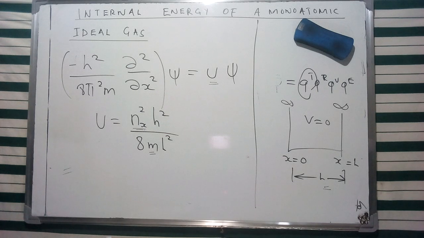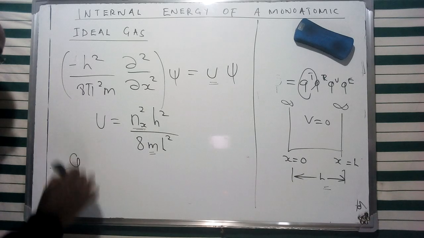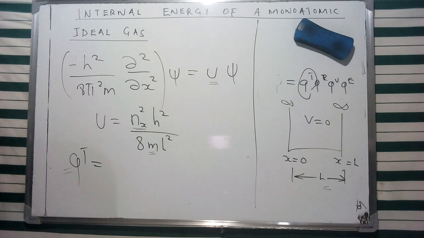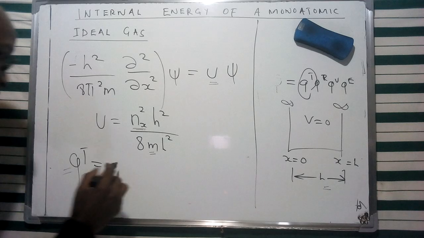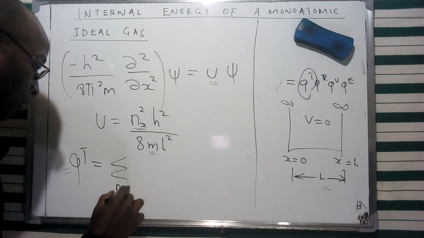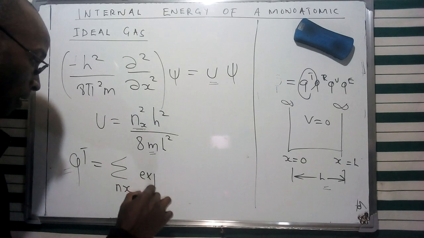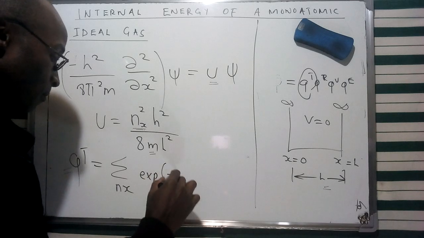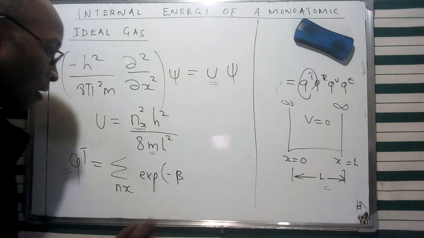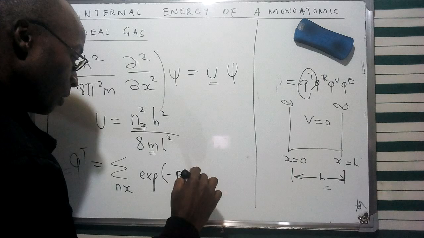Now, we said that therefore we can represent these molecular partition functions in terms of its various components. But we had said that for the one-dimension box, we're going to consider this one given as an exponent of negative beta u, and then we had given u as such.